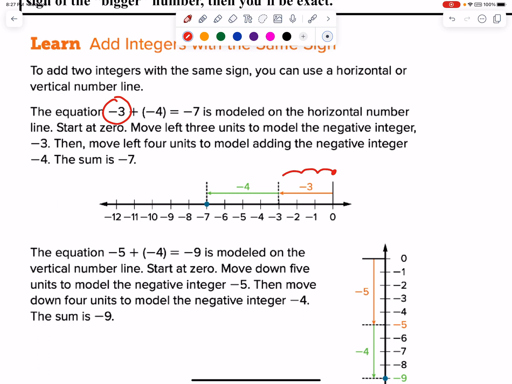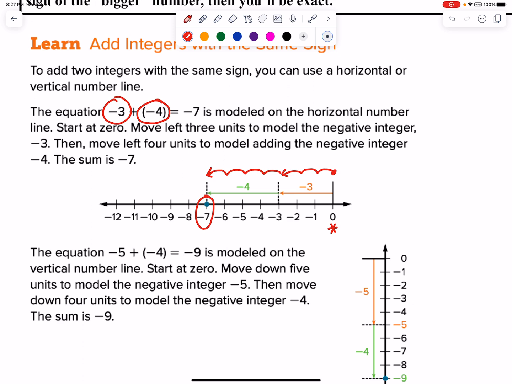So negative is going to be to the left. Okay. After that, then we're adding another negative. Okay. So you can see here's our second number we're going to represent. And so we would be continuing 4 spots to the left, and it's going to end on a final answer of -7.